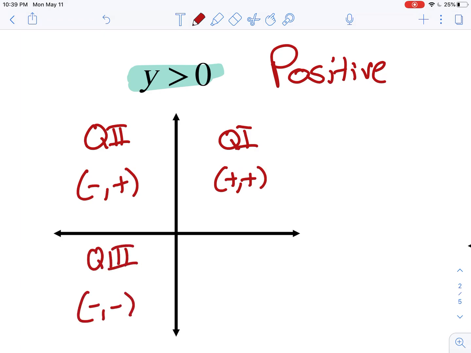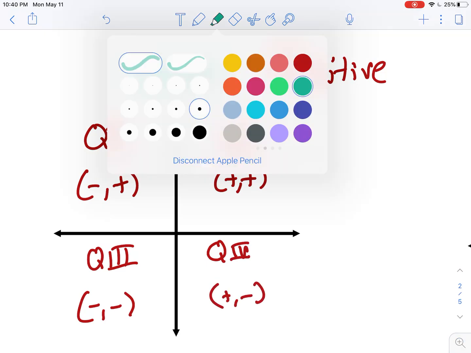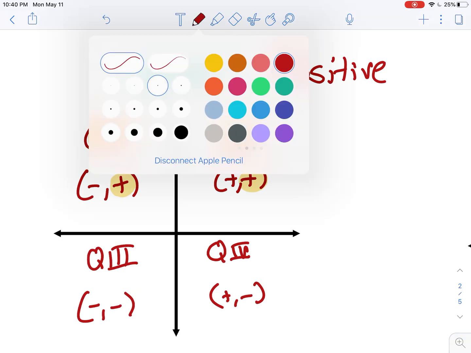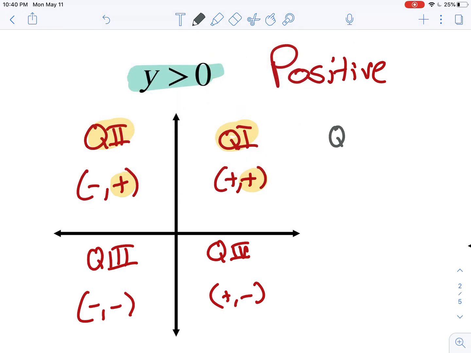Negative, negative. Positive, negative. When is y positive? Y is positive in quadrant 1 and in quadrant 2. So our solution here is quadrant 1 and quadrant 2.